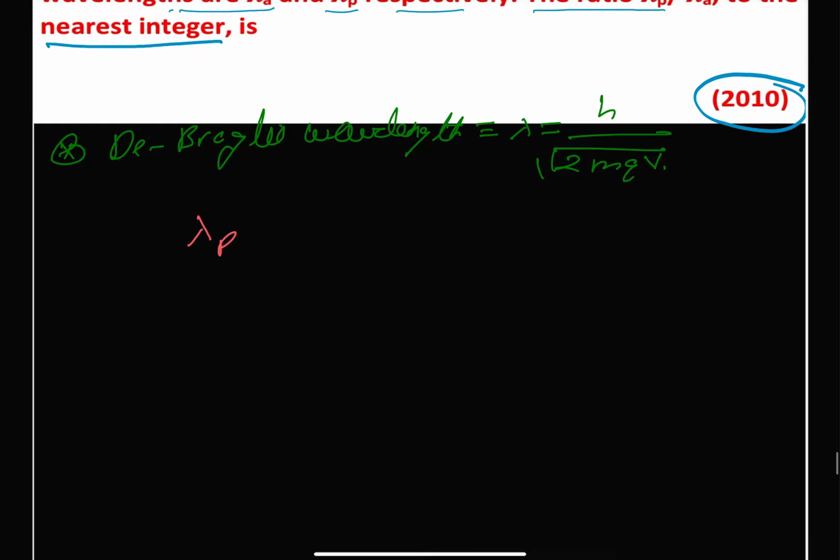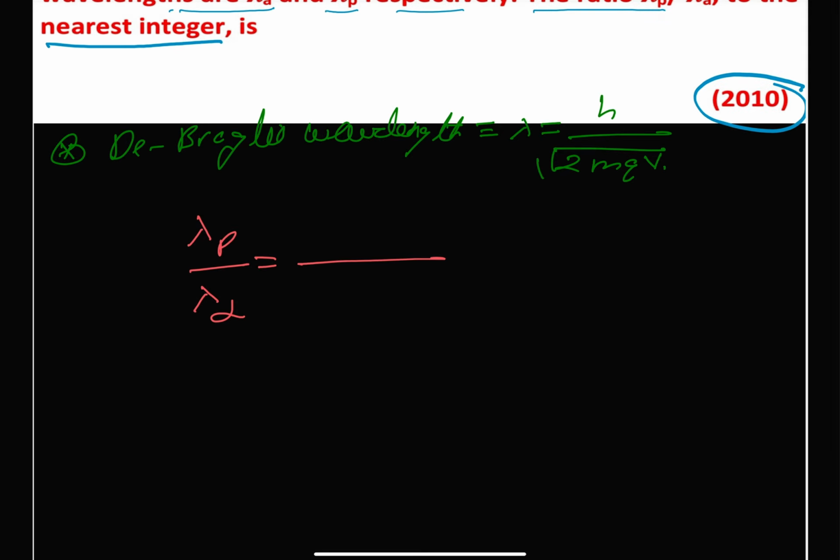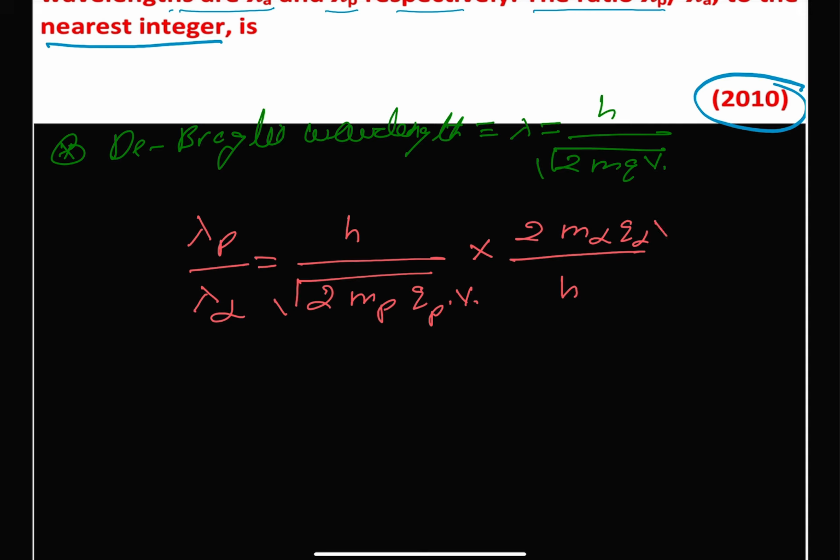Lambda p upon lambda alpha is equal to h upon square root of 2 mass of proton, charge on proton multiplied by V, divided by h upon square root of twice mass of alpha, charge on alpha, and V. Here h and h cancel out, 2 V and V along with the square root are going to cancel out.